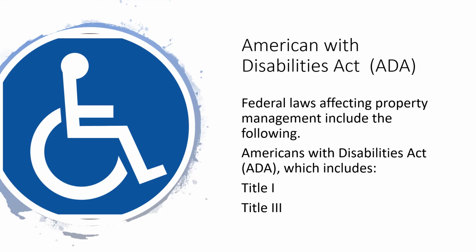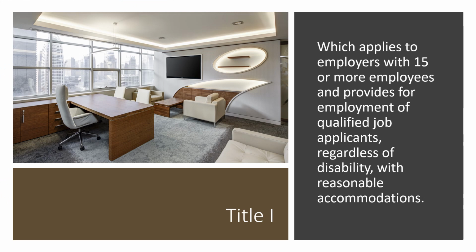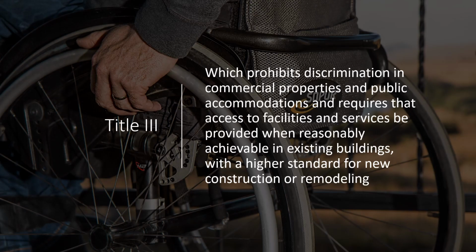Americans with Disabilities Act, that's one of the federal laws affecting property management, which include the following. The Americans with Disabilities Act has Title I and Title III. Title I applies to employers with 15 or more employees and provides for employment of job-qualified applicants, regardless of disability, with reasonable accommodations.